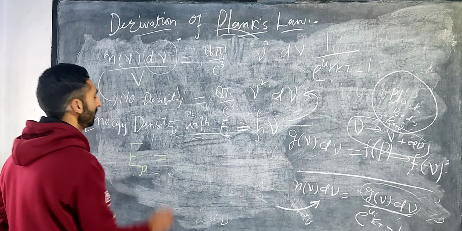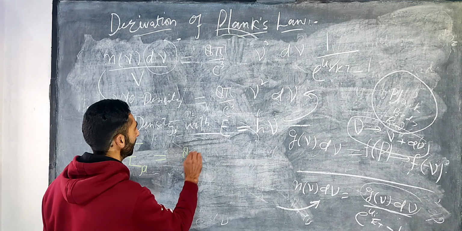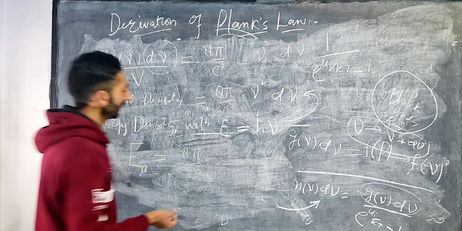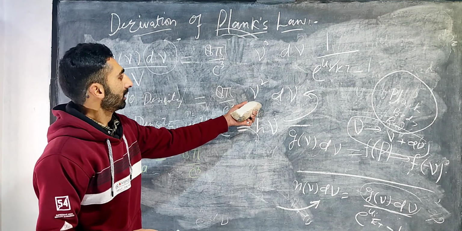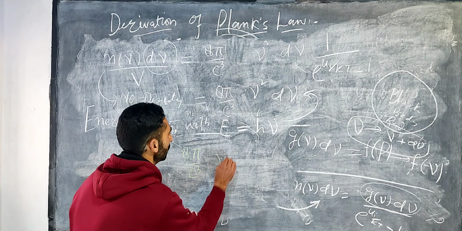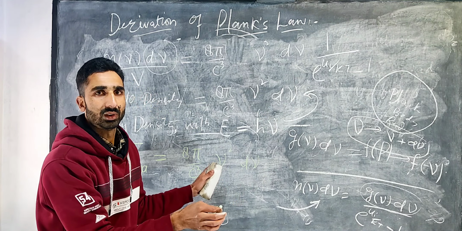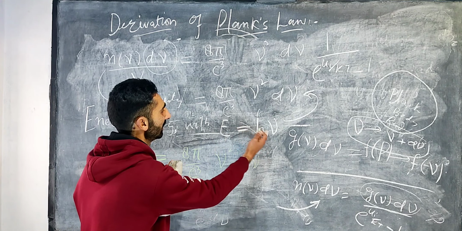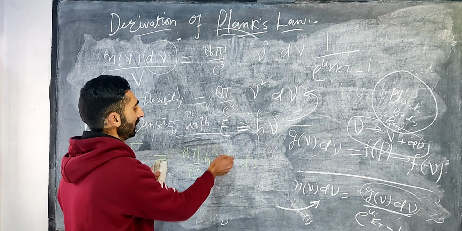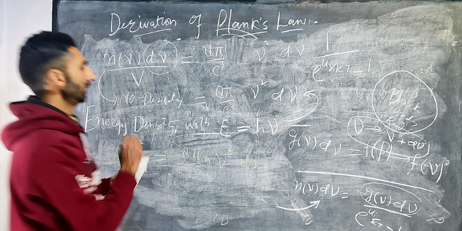The energy density will be equal to 8 pi divided by c cube multiplied by nu squared d nu, and we have to multiply this by h nu, that is E. The h nu multiplication will result in h here, and nu will multiply with nu squared, and we will get nu cube.